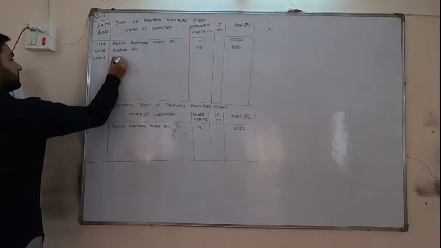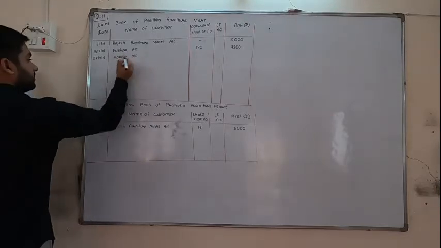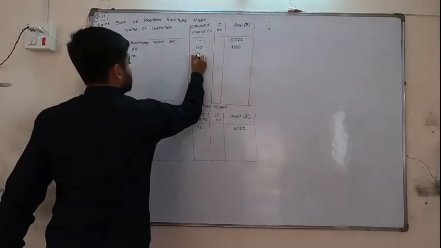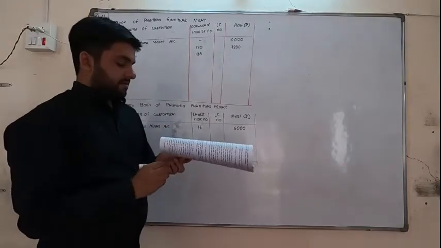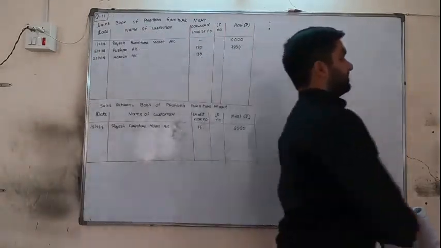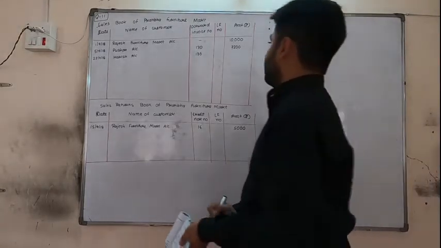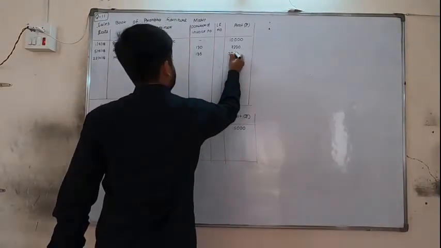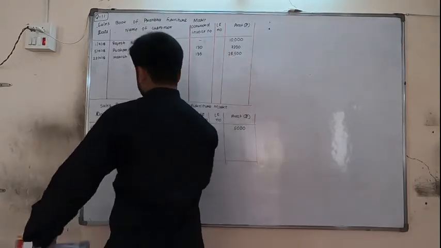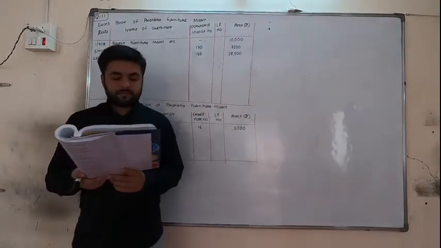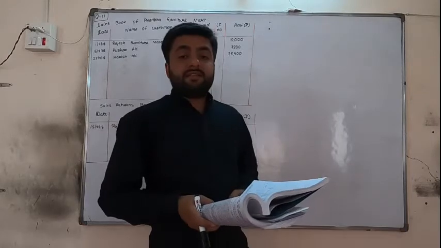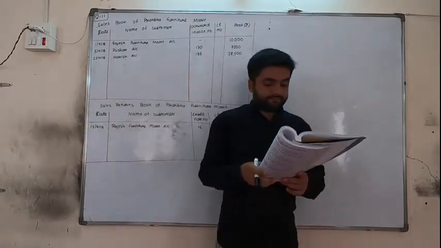Harish account. Bill number 136. Okay. 30,000 minus 5 percent, so 28,500. Underline this GST and labor charge, we will write in notes.